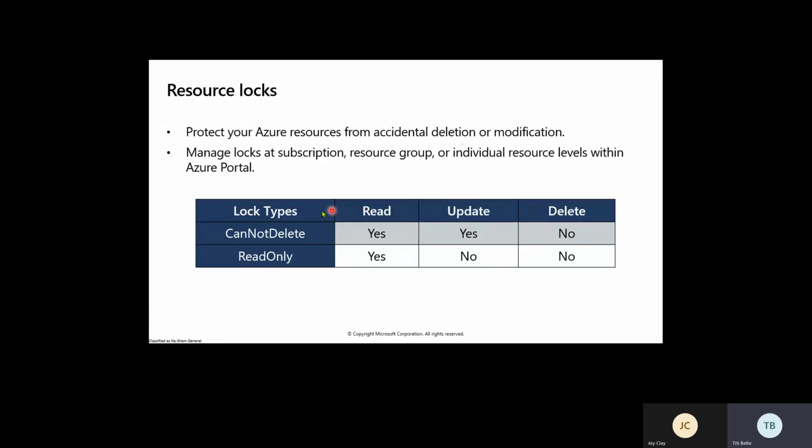And then when we talk about locks, there are two types of lock that you can configure or create in Azure. One is read-only, where you do not want a user to update anything, to adjust anything, to do anything. They are only to be able to see it, and that is all. The moment you apply read-only, it means you cannot update and you cannot delete. You can only view.